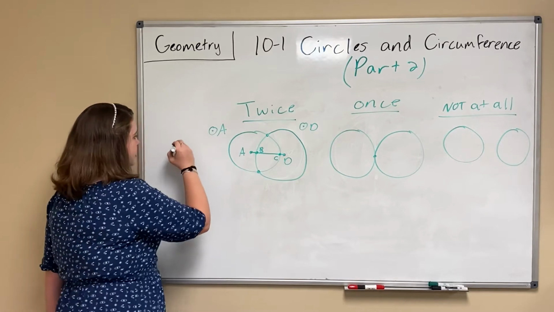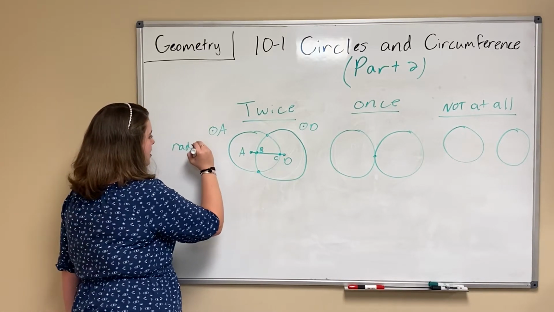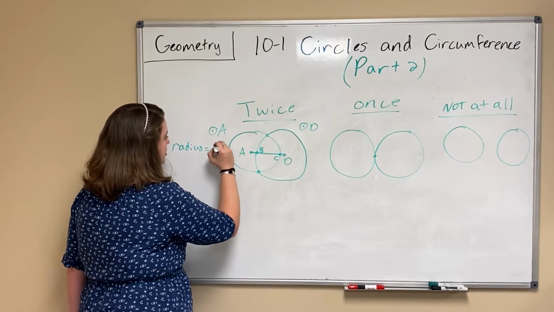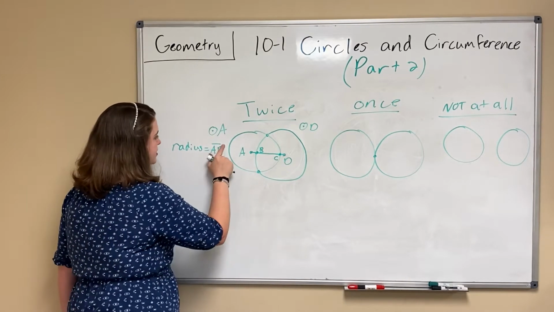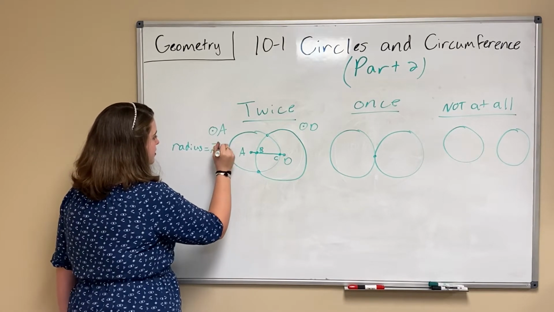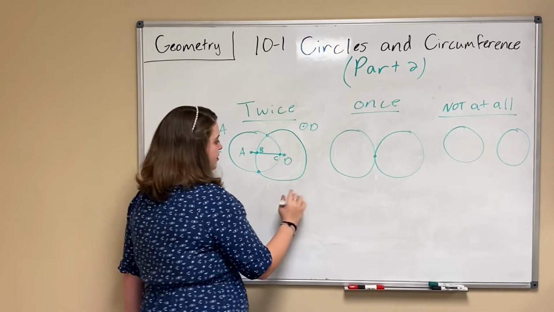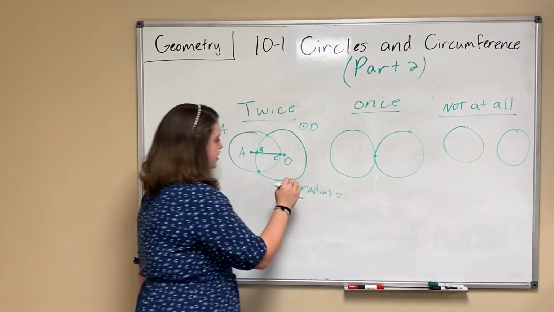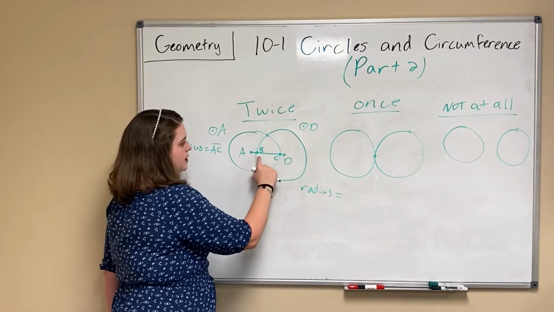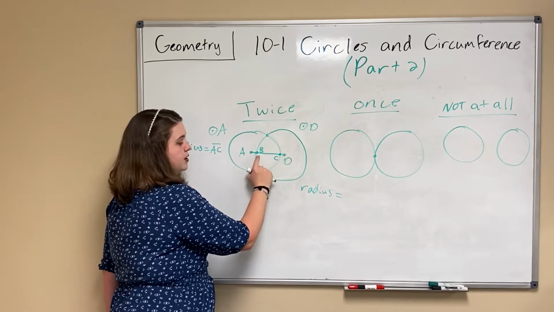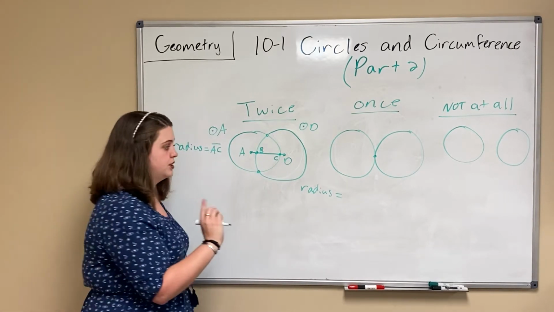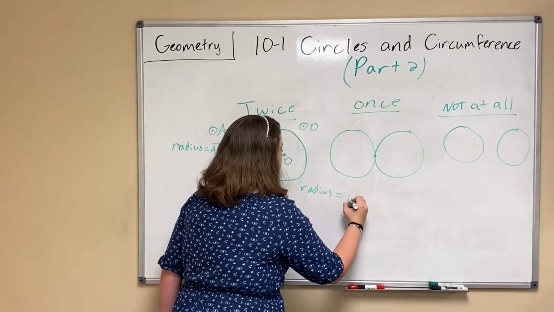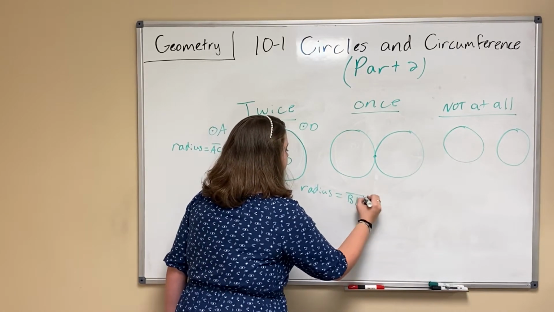So the radius of A equals line AC. The radius of D is going to equal line BD, because that's from the center to the edge of circle D.